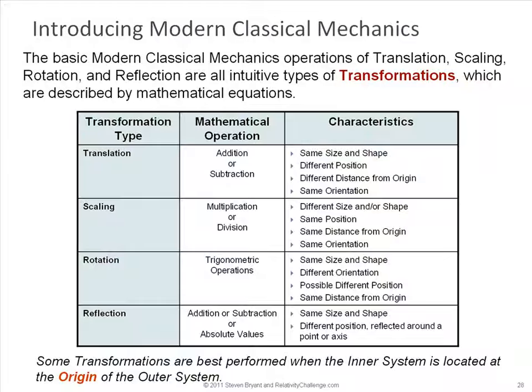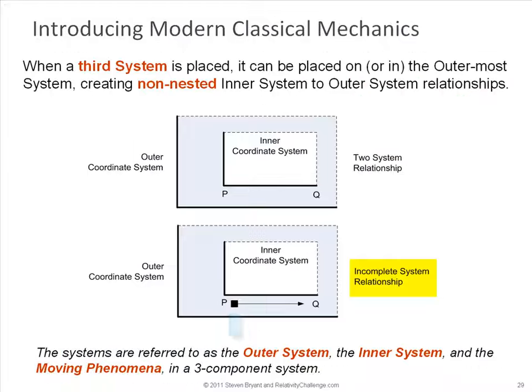So for that, we actually have to add a third system. So this black box we will add, and this is going to be our third system. In order to avoid name confusion, we're going to call this moving phenomena. So when we add this moving phenomena to the outer system, we have two inner systems, an inner system and a moving phenomena, and both of those are plotted on the outer system.